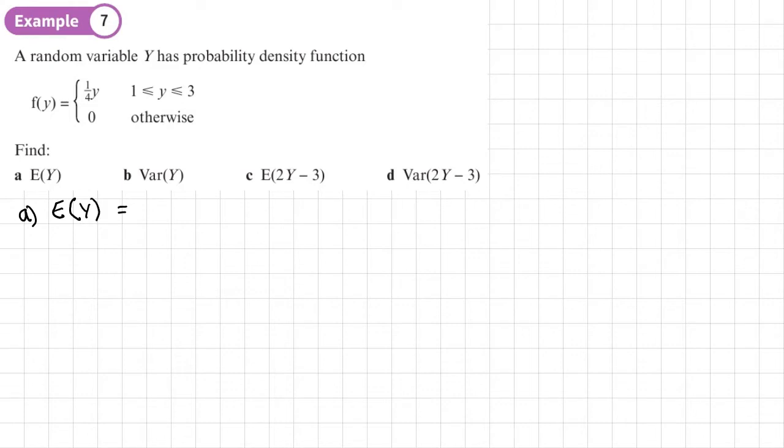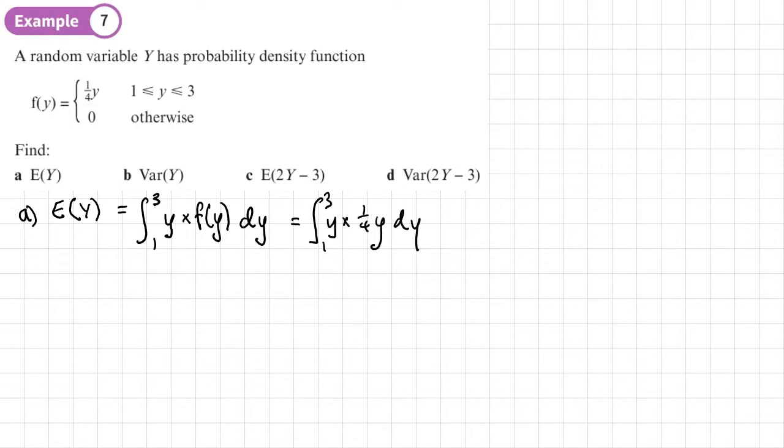Now that's going to be an integration between 1 and 3, so that's where all the probabilities occur, and y times f of y dy. Okay, well we know what f of y is, and that's going to be a quarter y.